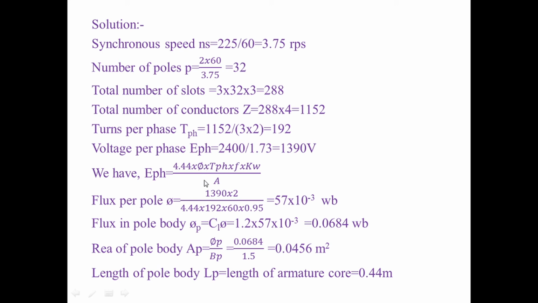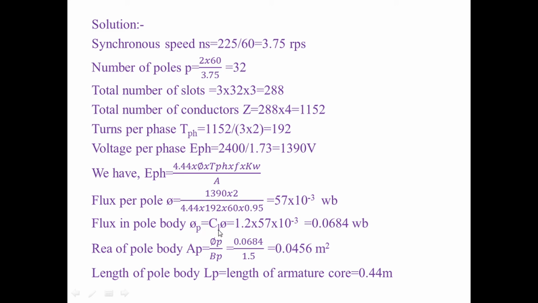Flux per pole phi is equal to E phase 1390 into A, that is 2 circuits, divided by 4.44 into T phase 192 into frequency 60 Hz into kW 0.95. So you will be getting 57 into 10 to the power minus 3 Webers, that is the flux per pole. Flux in the pole body phi p equal to CL into phi.